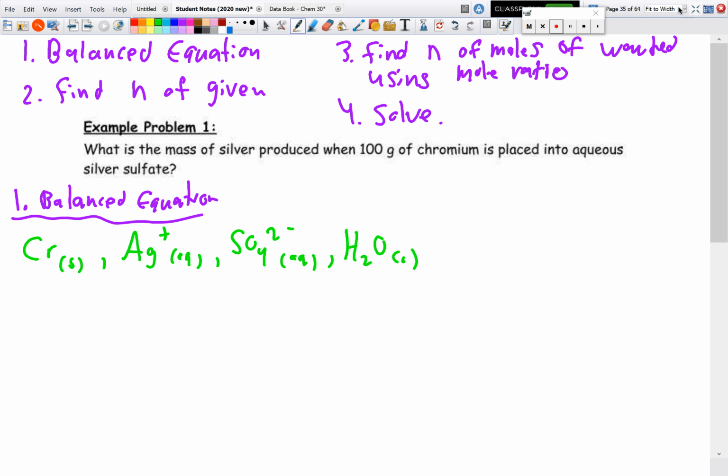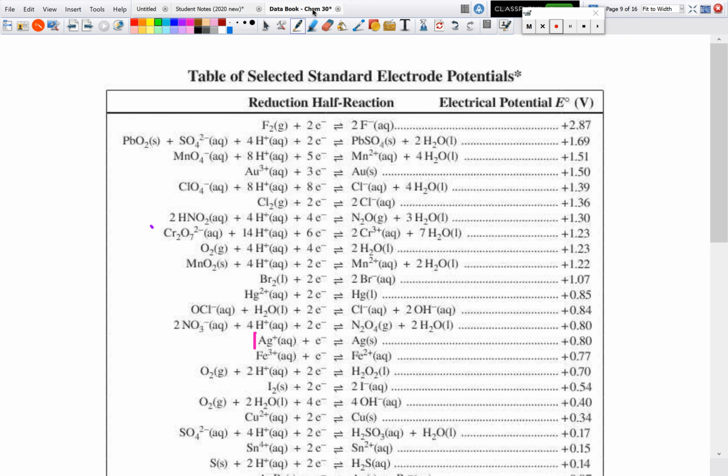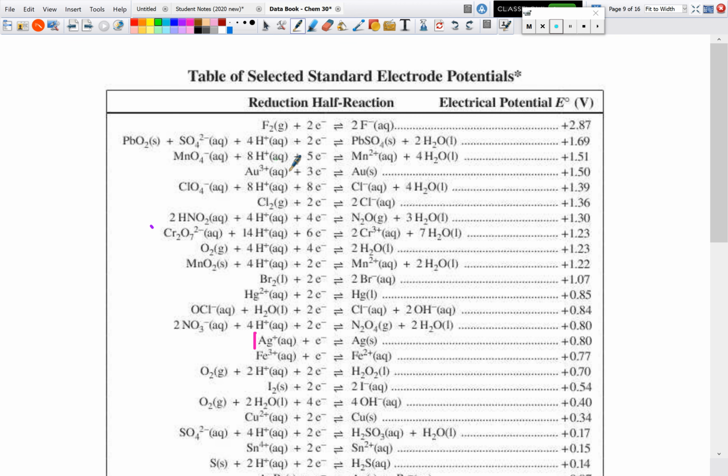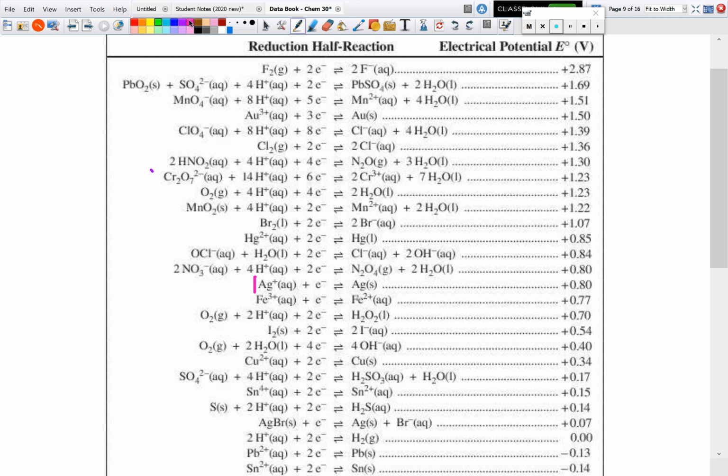Now from here we need to find our strongest oxidizing agent, strongest reducing agent. So that's when we go to our data booklet, right? And we start at the top left hand side and start scrolling down to see which one we come across for our strongest oxidizing agent. And we will notice that silver, our silver ion, is the first one that we see. So now we can go back.